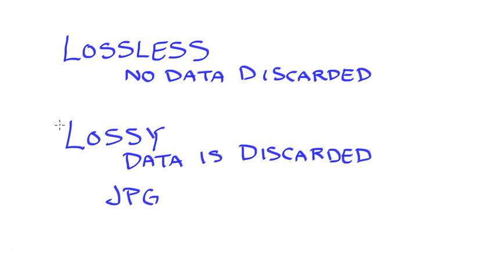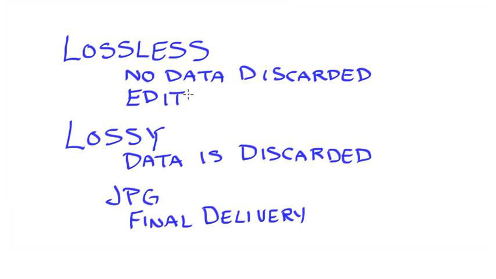So the lossy format is typically used in a final delivery form. In other words, we would do all of our editing in a lossless format, so we have access to all of the pixels and all of the data. And then once we're done with our editing, we would save a version in a lossy format, because maybe the images we're editing are going to go on a web page.